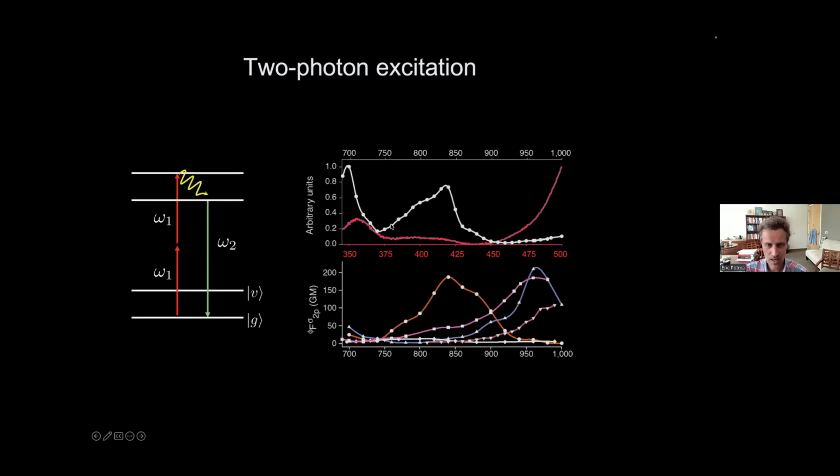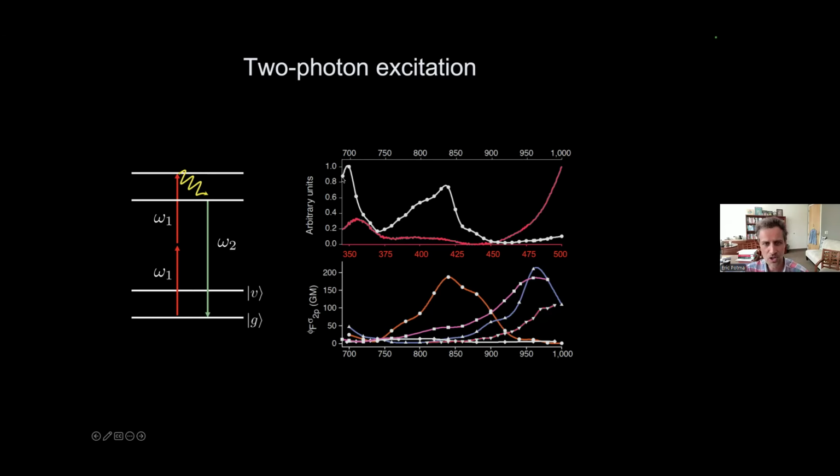Here you see a graph where this axis is a one-photon excitation spectrum. You can see a little bump here, and then a big maximum over here. But if you take the two-photon excitation spectrum of the same molecule, you can see it here on top. This axis is basically twice the axis below because I need two photons to do it.